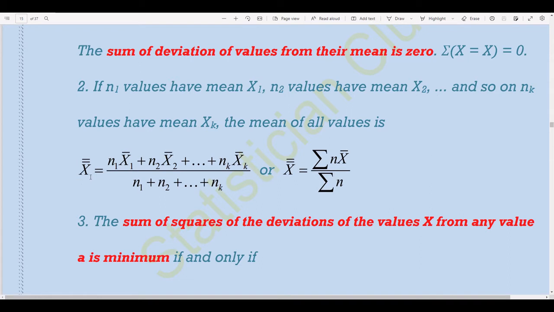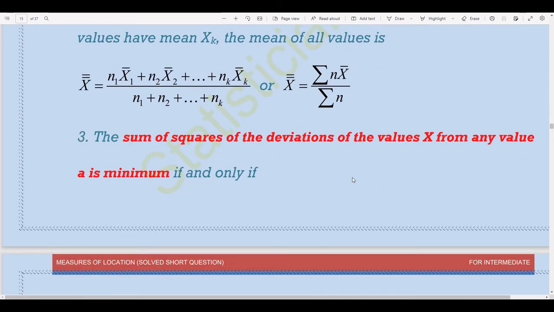It is n1 x1 bar plus n2 x2 bar plus so on nk xk bar over n1 plus n2 plus so on nk. Multiply each observation with its mean, add up, and divide by n1 plus n2 plus so on nk. So here is the mean.